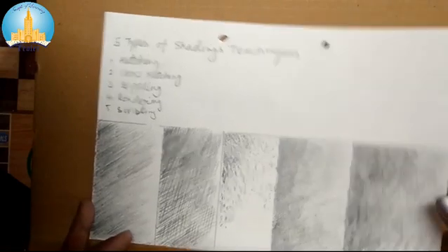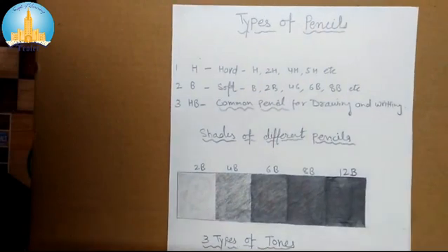H represents hard. So H pencils are H, 2H, 4H, 5H, etc. And then we come to the next, B. B represents soft. So B, 2B, 4B, 6B, 8B, etc.